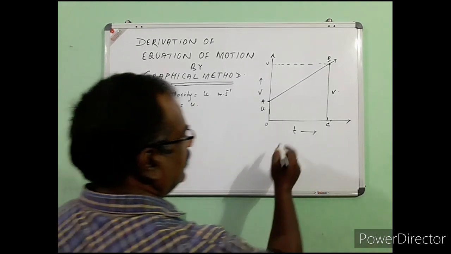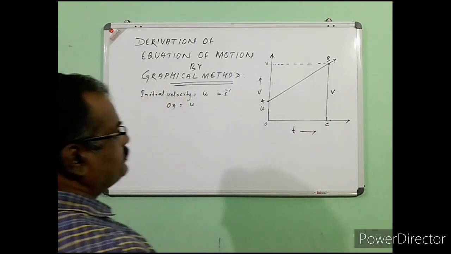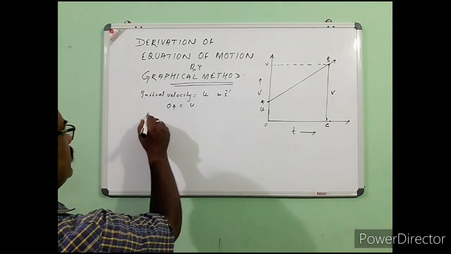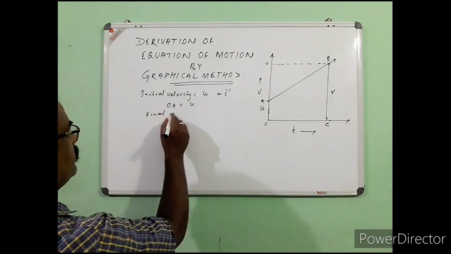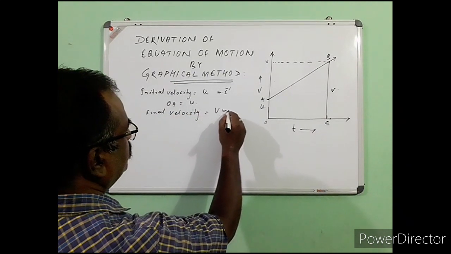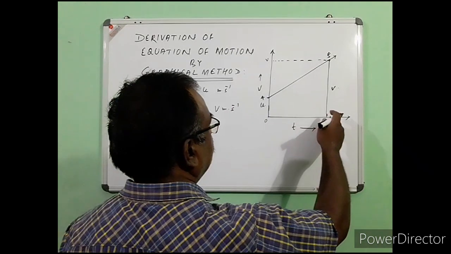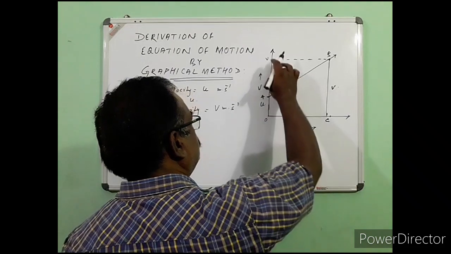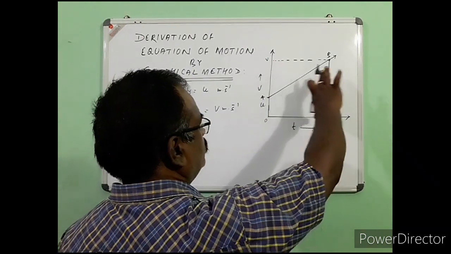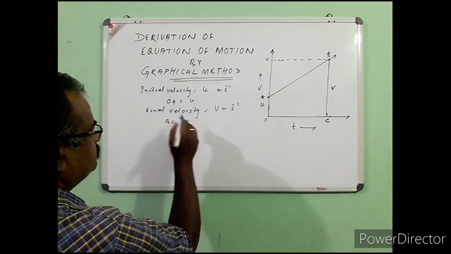Similarly, after the time interval t, the velocity becomes v. If the final velocity of the body is v meter per second, graphically BC is equal to v.